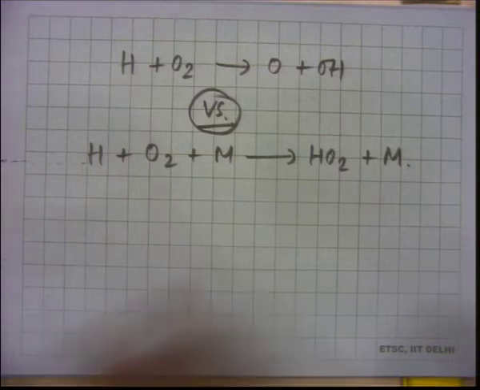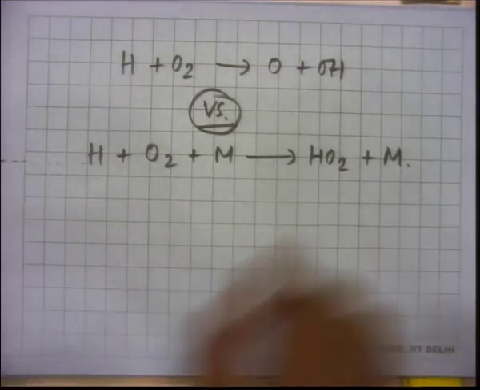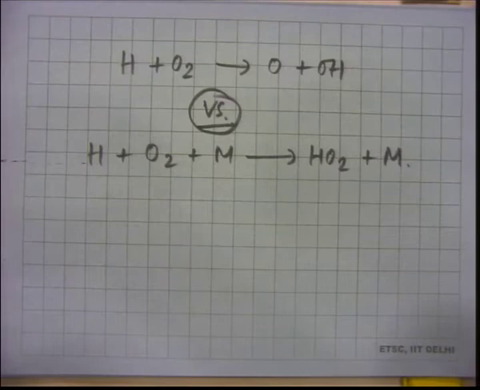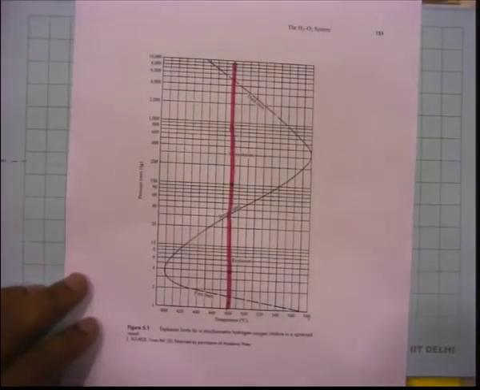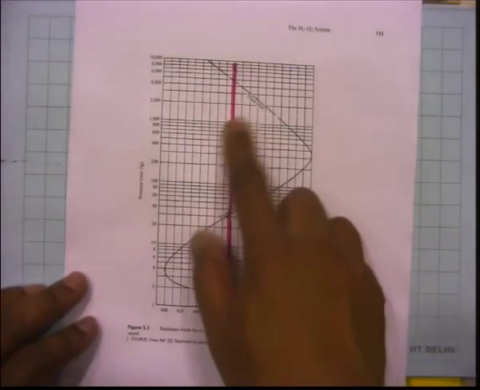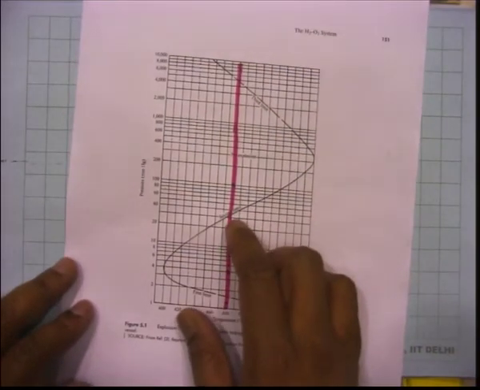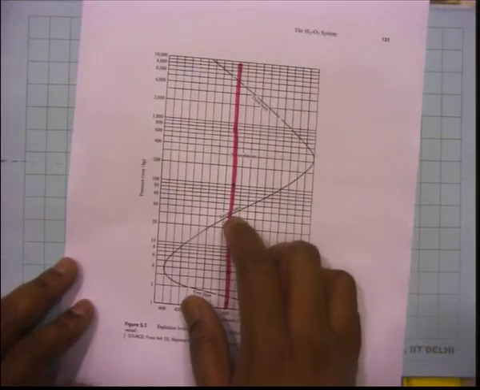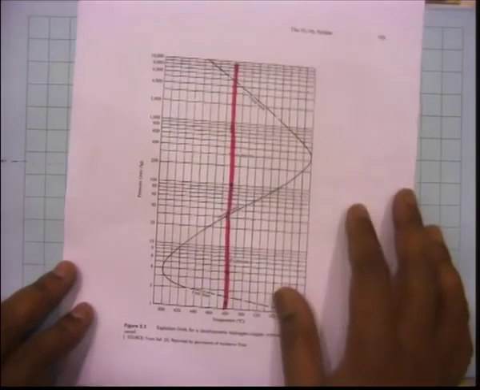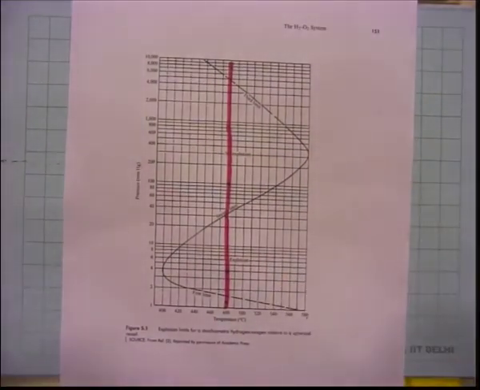So, HO2 is a hydroperoxy radical and we are considering this part here. So, this is a certain pressure range going from maybe 30 millimeter of mercury to about 5000 millimeter of mercury. For this entire range HO2 is not all that reactive.